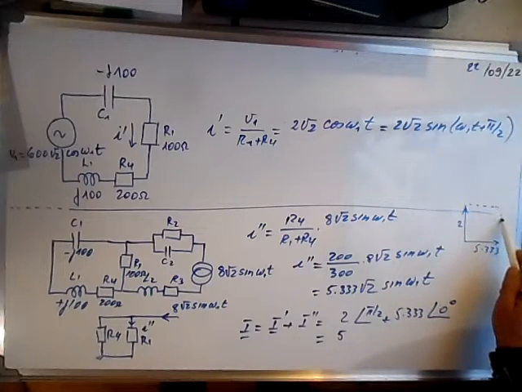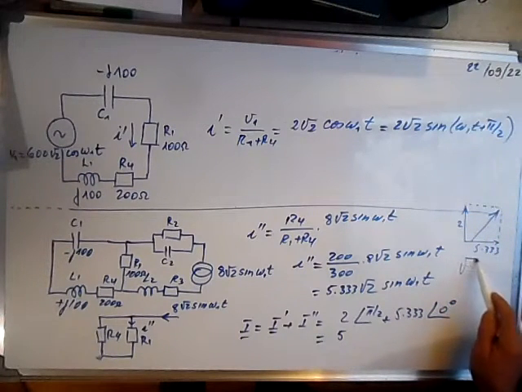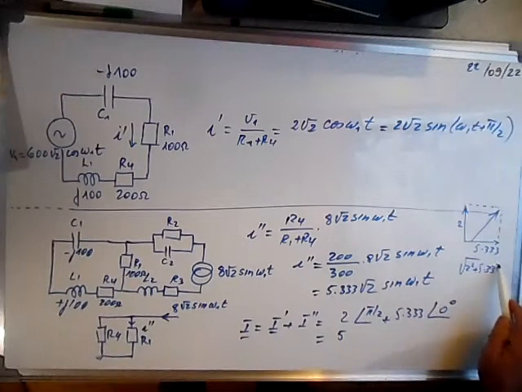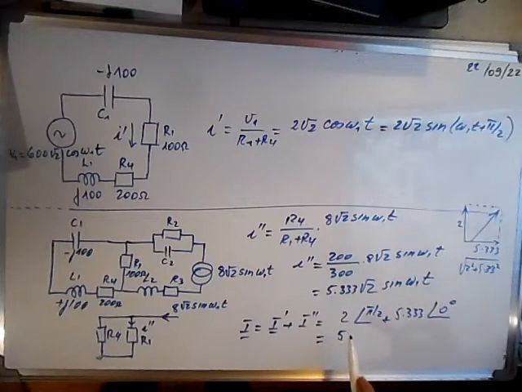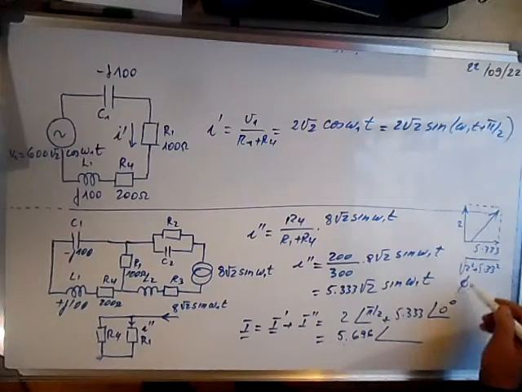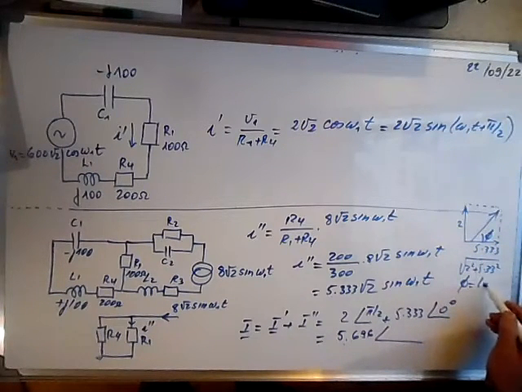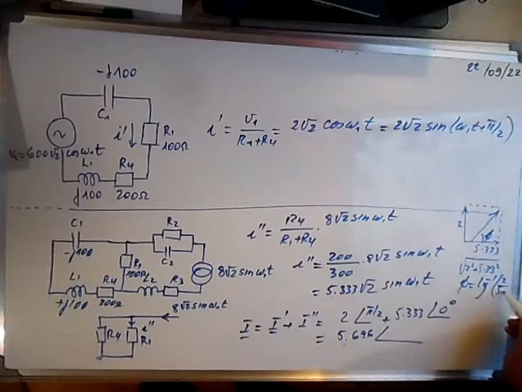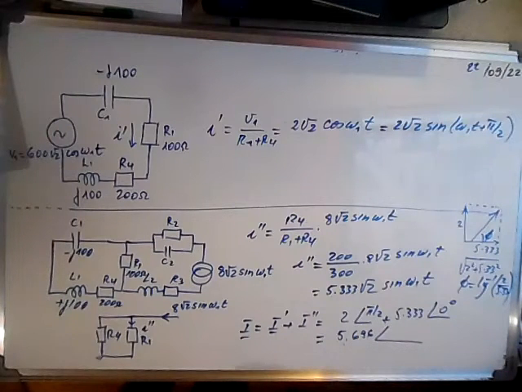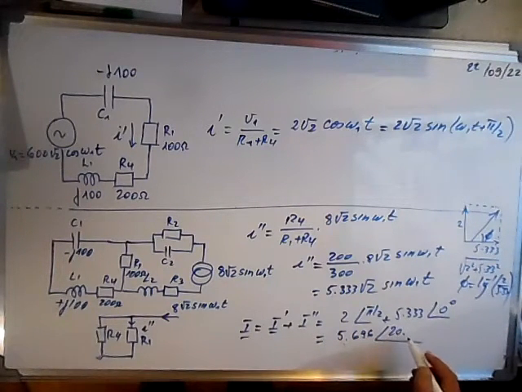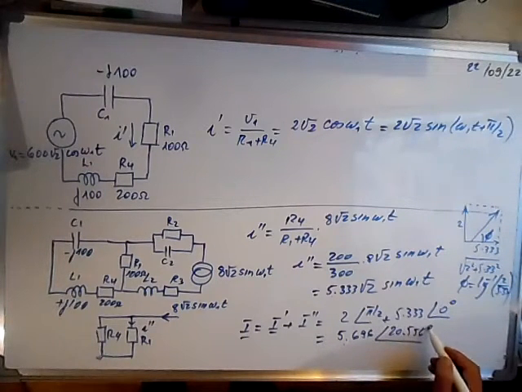We calculate the main current, which is the square root of 2 squared plus 5.333 squared, and the module is 5.696, and the argument is the arctangent of 2 over 5.333, which is 20.556 degrees.